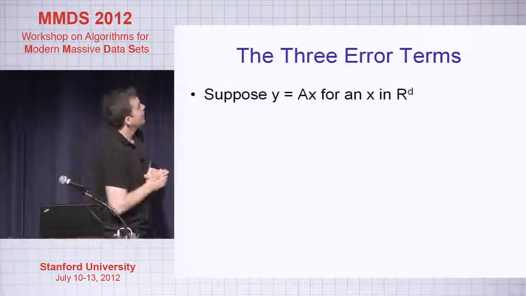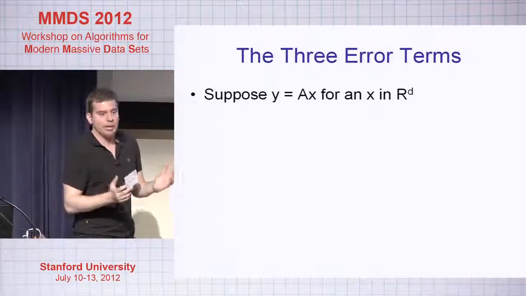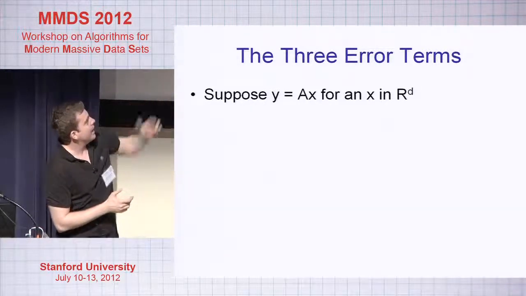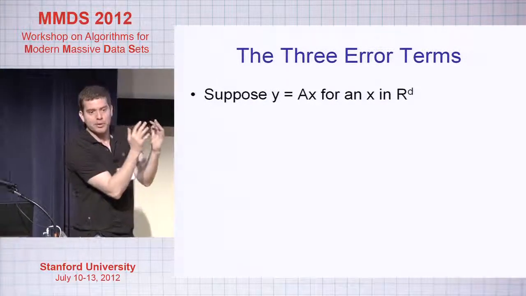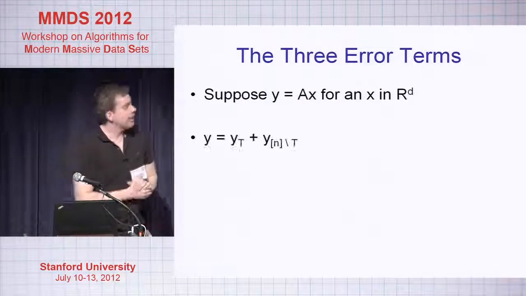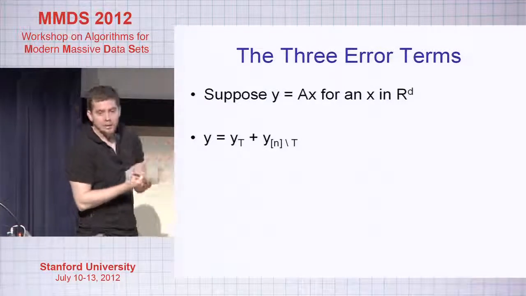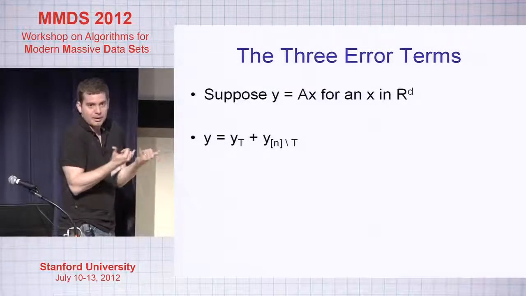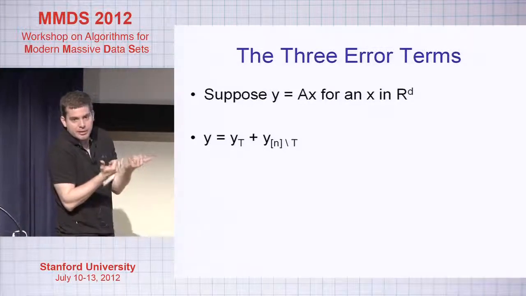So we're trying to show that the norm of y equals Ax, an arbitrary vector in the column space, is preserved. So let's decompose y into the sum of two orthogonal components in the standard basis.